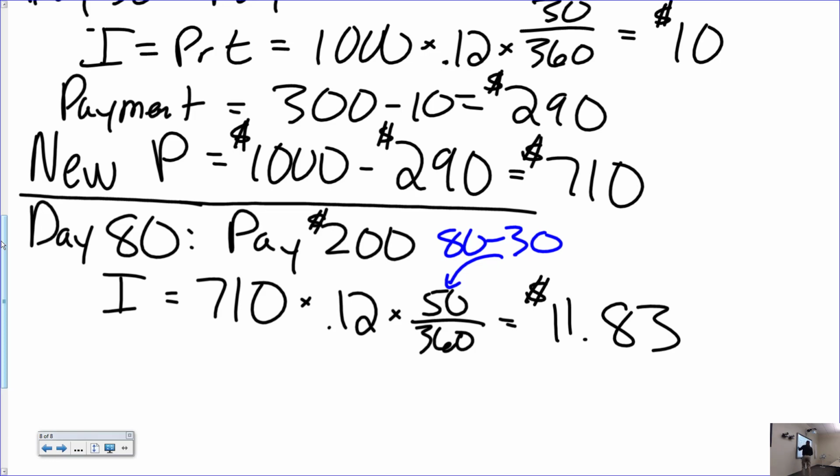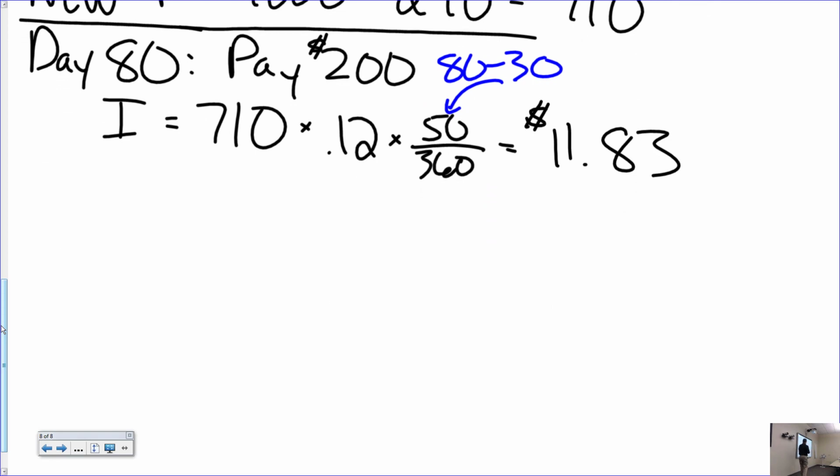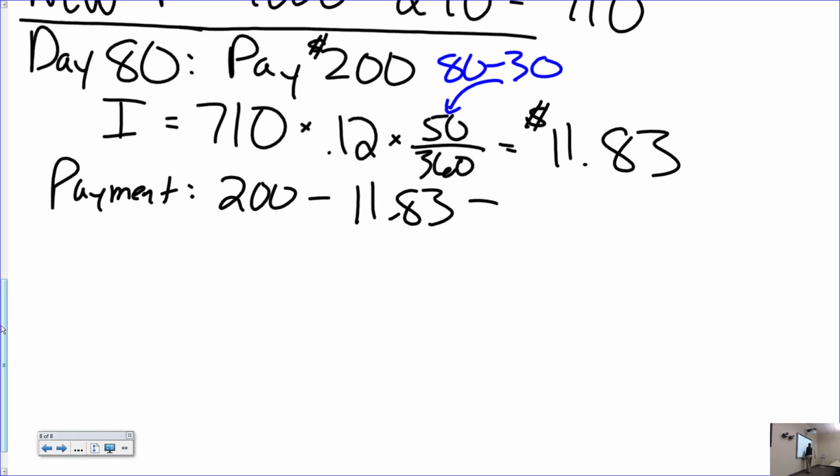Okay. Now, what do I do with that $11.83? Exactly. So your payment is going to be $200 minus the $11.83. So how much did I really pay on my loan? $188.17.